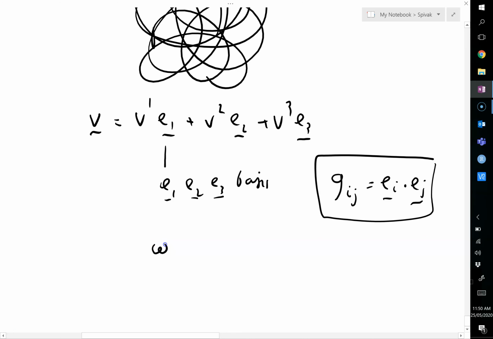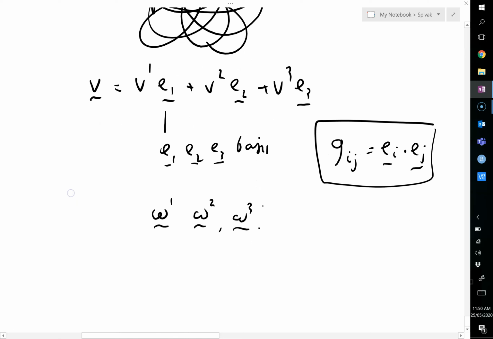Now I've also set out a conjugate basis, which I'm going to write like this: omega 1, omega 2, omega 3. And this is a conjugate basis.